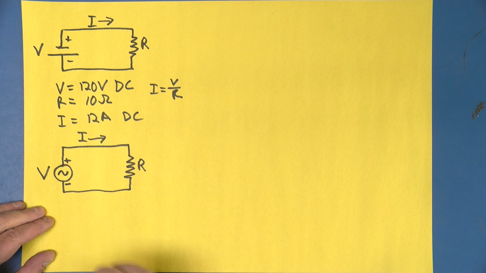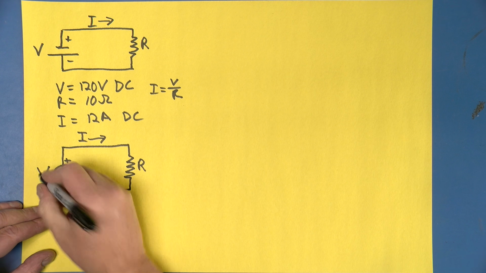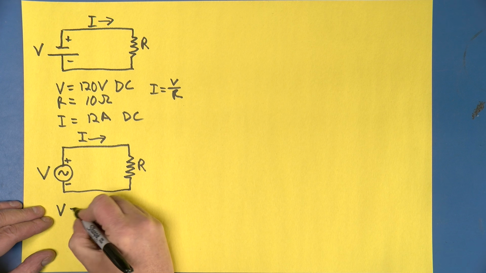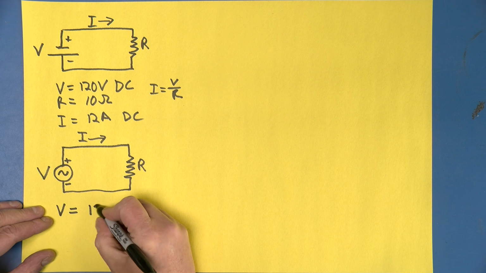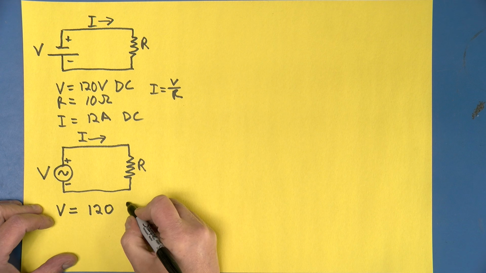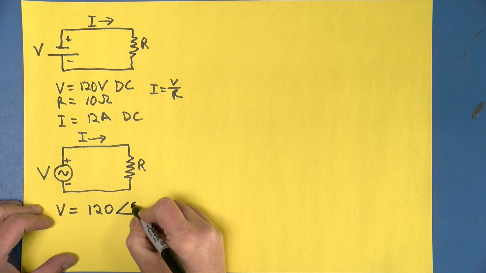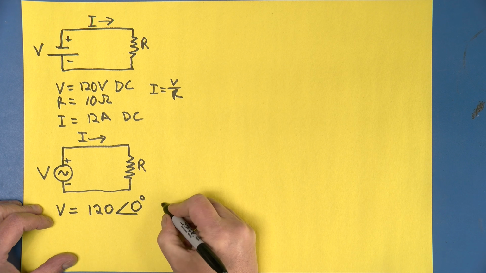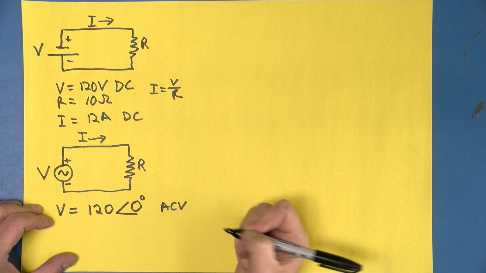All right, so let's fill in some of the values. So V this time is AC. So we're going to say V equals 120 with a phase angle of 0 degrees. And that would be AC volts.